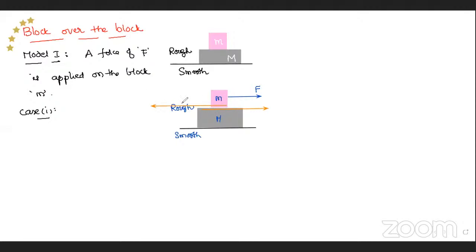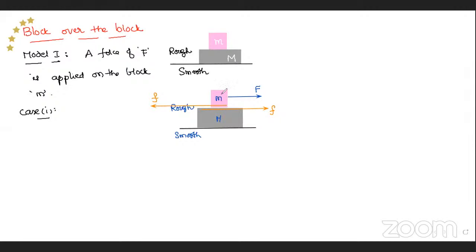Okay, good. Contact force. So small m friction suppose acts leftwards on capital M. Another contact surface, friction will act in the opposite direction. This is the friction, the contact force.